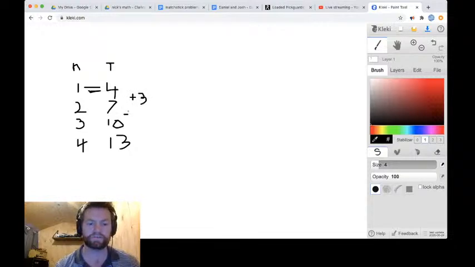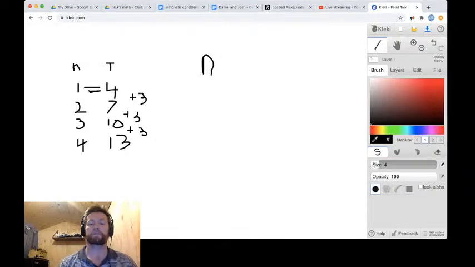And these two, the difference between 7 and 10 is 3. And it's the same here. So because we can see that every time it goes up in 3s, we know that it's going to be the 3 times tables. It's as simple as that. N, the number, times 3 to get to t.